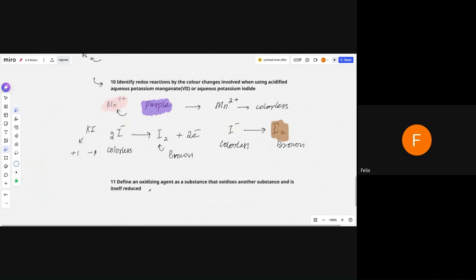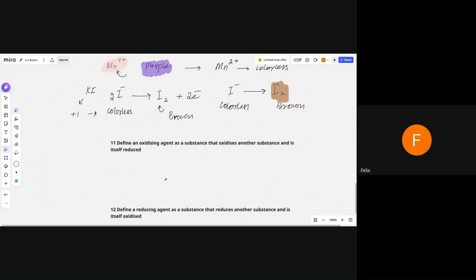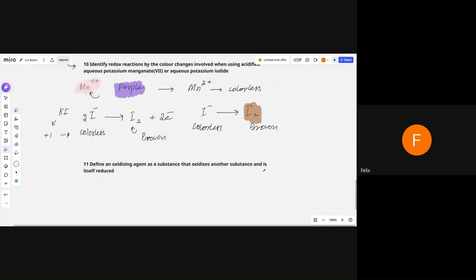Define an oxidizing agent as a substance that oxidizes another substance and is itself reduced. We need to compare two reactions. Basically, an oxidizing agent is a species which brings about oxidation by gaining electrons from other elements. For example, Br2: when it gains electrons, it becomes Br negative.